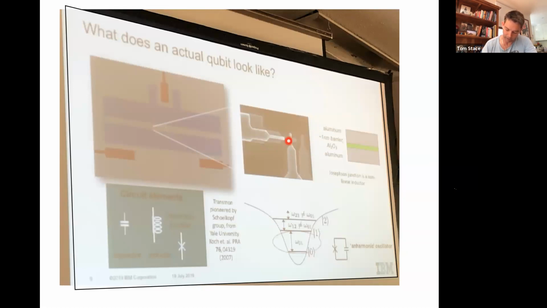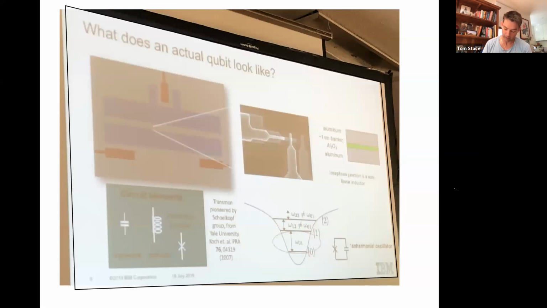These two metallic digits that extend vertically and horizontally in that picture overlap with each other, and the interface between them is a thin insulating barrier, and that thin insulating barrier permits tunneling of Cooper pairs, and that's how they form Josephson junctions.